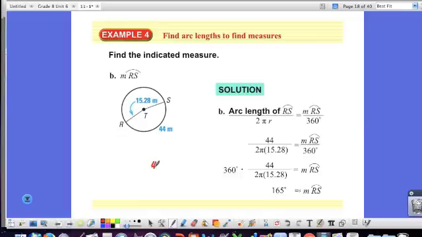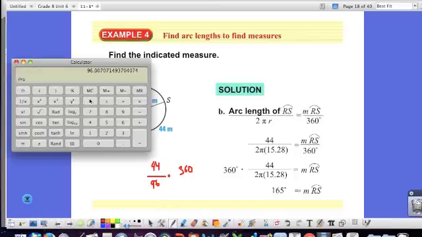So 44 out of 96 times 360. 44 times 360 equals that number, divided by 96 equals 165.